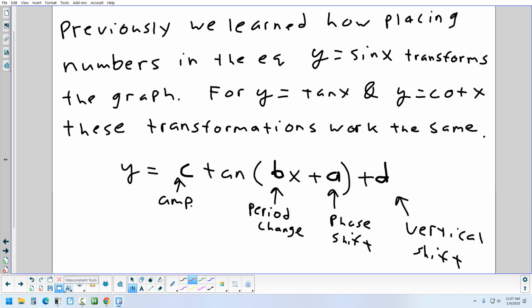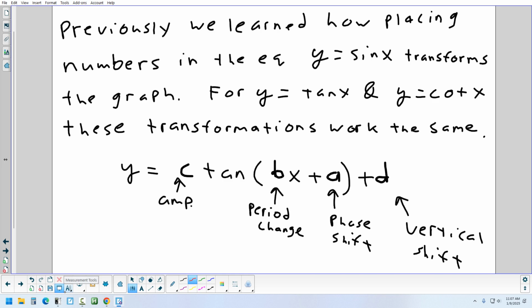So A, remember if it's positive, it would shift it to the left. A negative would go to the right. For B, if B is a big number, like 10, does that stretch the graph 10 times as much or make it 10 times more compressed? Yeah, compressed. Okay, the bigger you make B, the more compressed the graph gets.